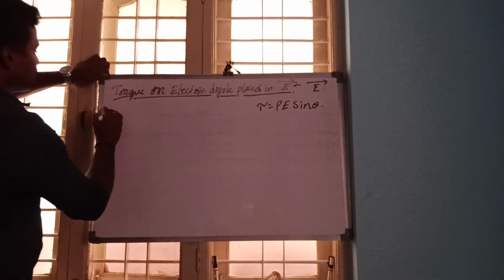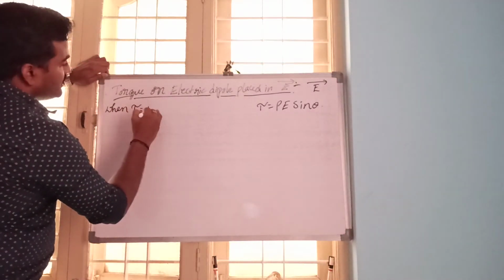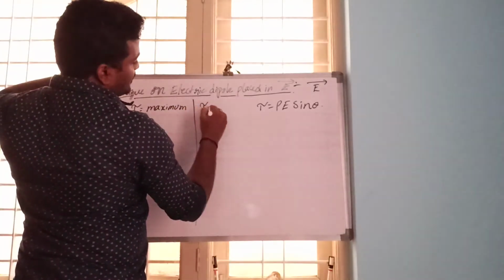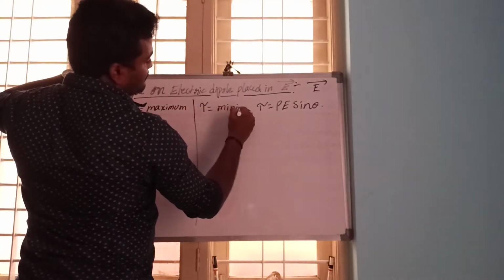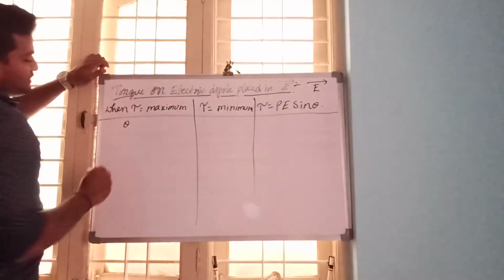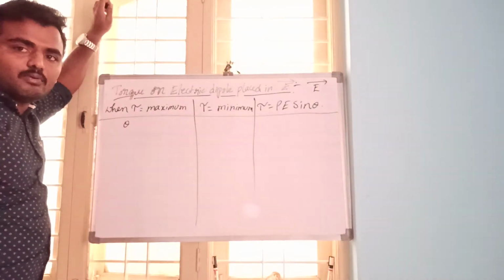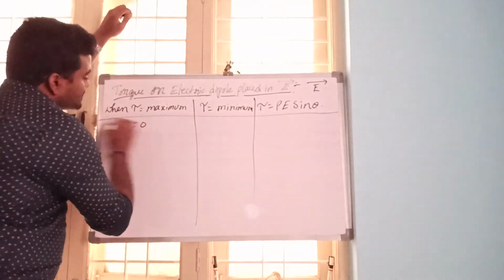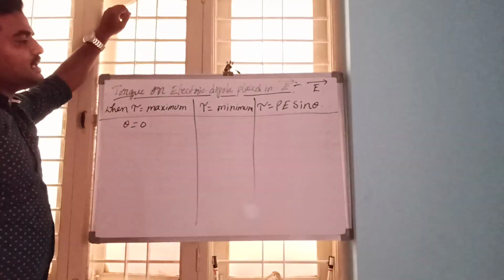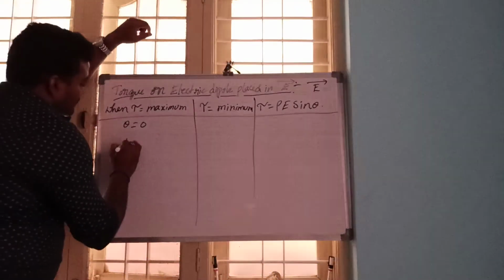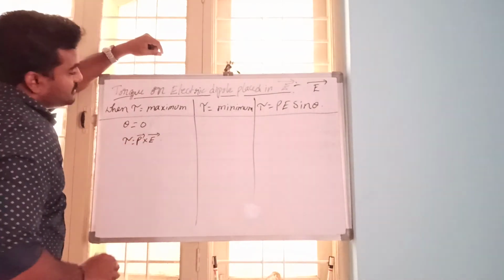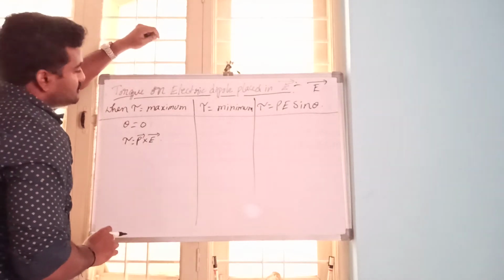Now the question is, when is tau maximum and when is tau minimum?